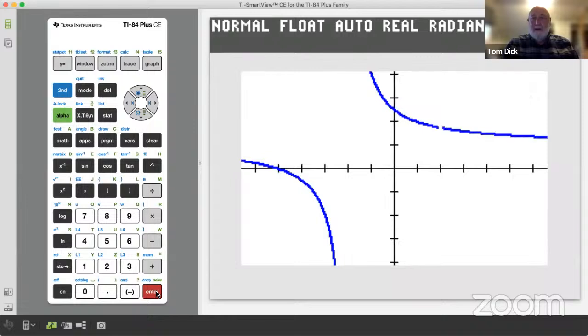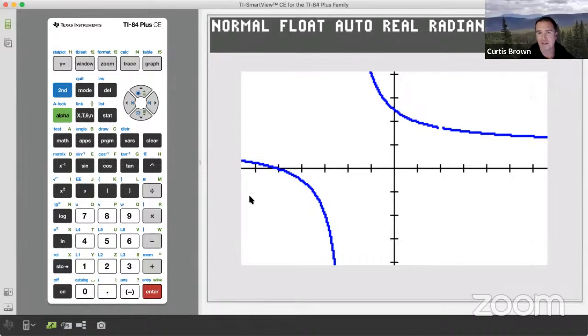Oh, not bad. Oh, and I love what's happening at x equals 2 visually. Pretty cool. Tom, is your calculator broken? What's going on? Something is funky going on at x equals 2.